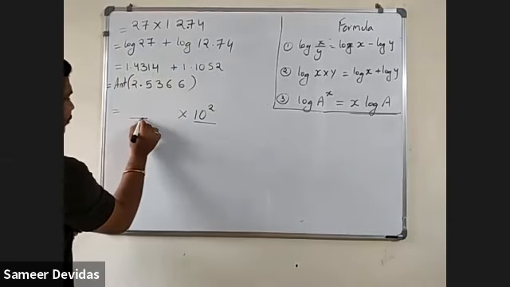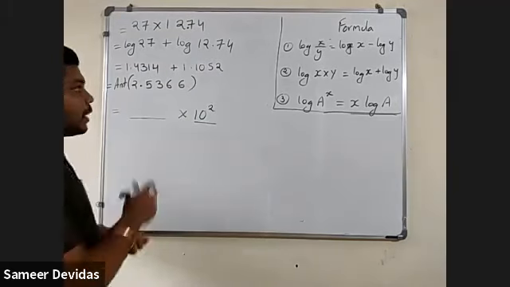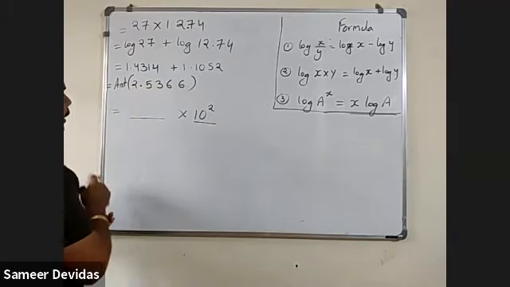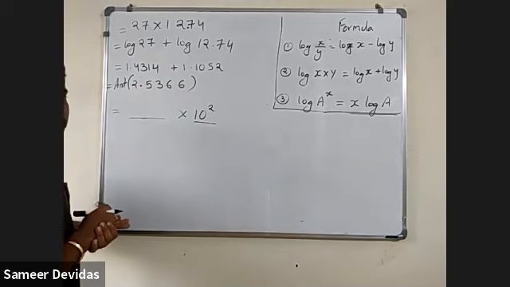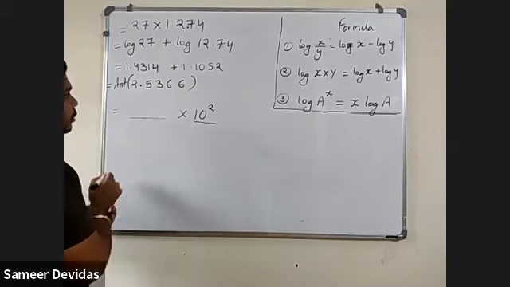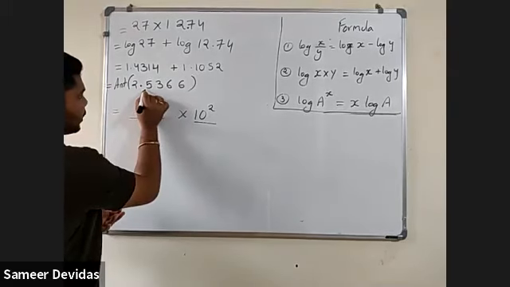Now, how do we find the other part? Identify the decimal point. After the decimal point, you have to consider the first two digits.